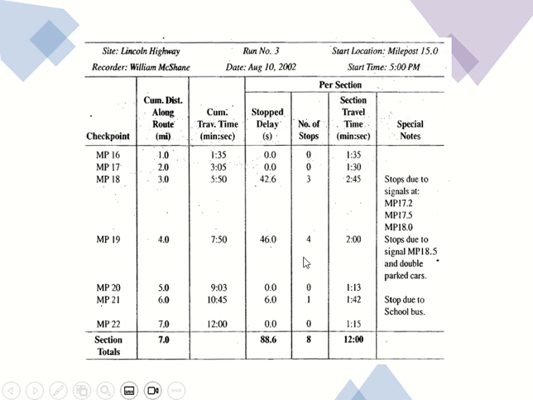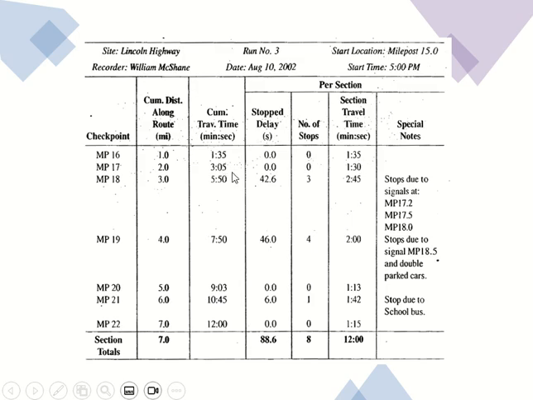What are these observations which are per section? Delay, stops, travel time, and reasons for delay. Basically they are calling them notes, but they are showing reasons for delay. Between the first point and this one, delay is 0, stop is 0, travel time is what you already know.